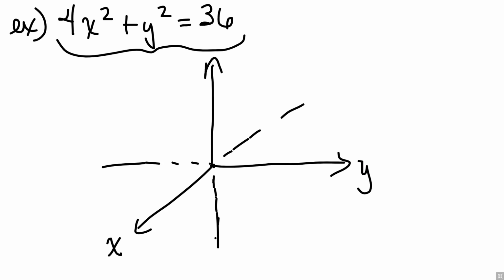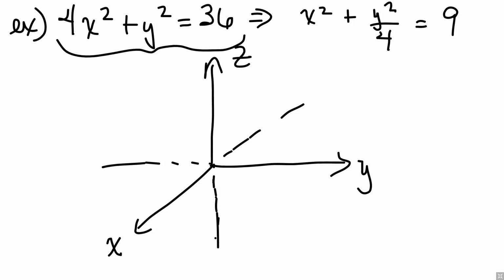This is X, this is Y, this is Z. Now I can take this and put it in standard form. That means I can't have this coefficient of 4 on the x squared. So I'm going to divide everything by 4.